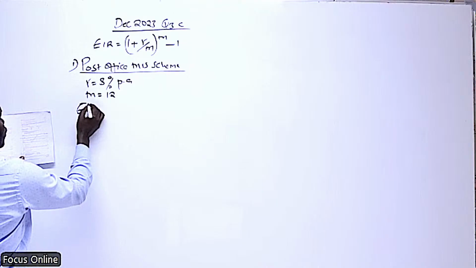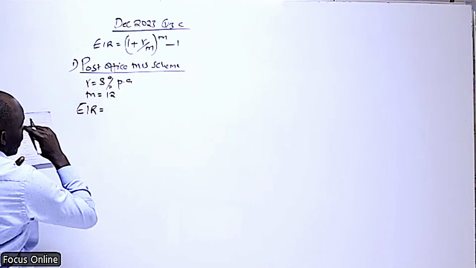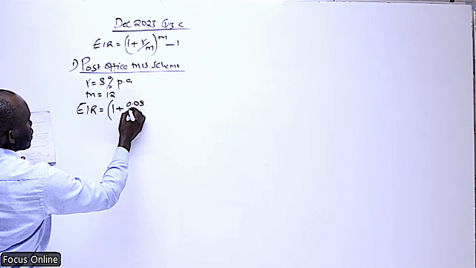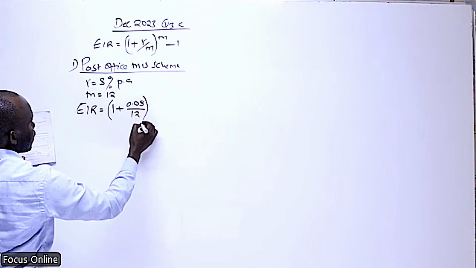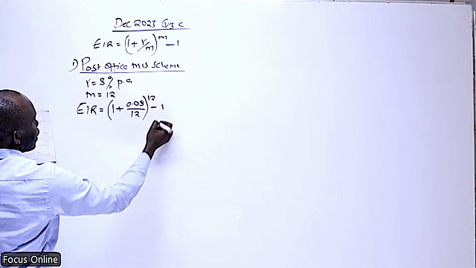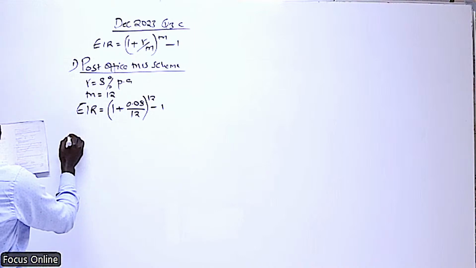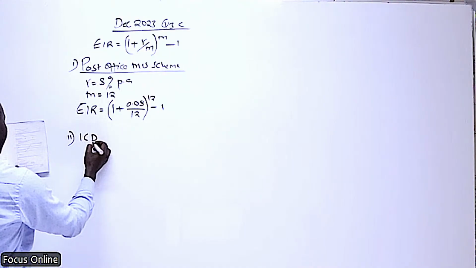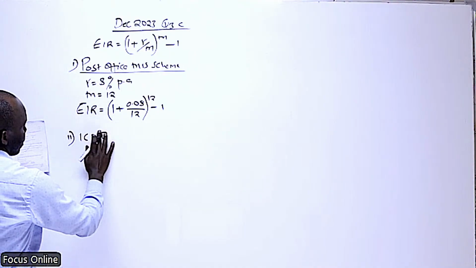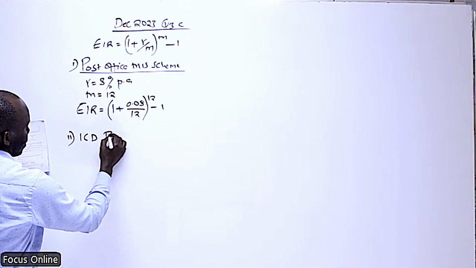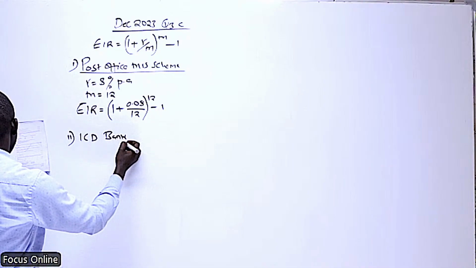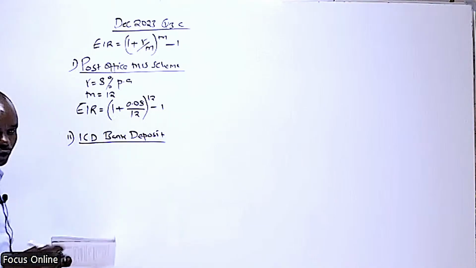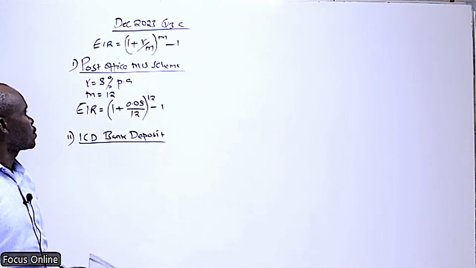So effective interest rate is equal to (1 plus 0.08 over 12) power 12, minus 1. So how much are you getting?